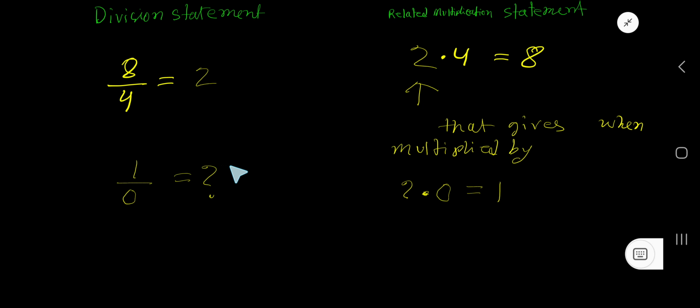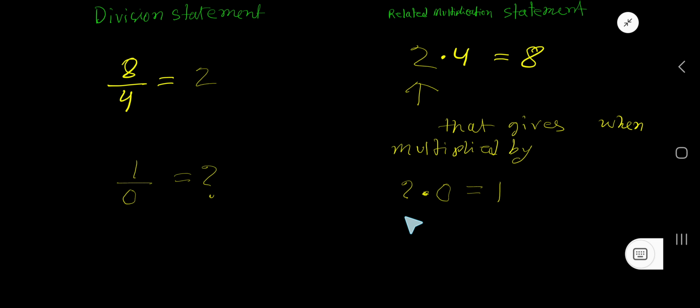So what will be the quotient here? The related multiplication statement of this: 0 times what equal to 1. Can you find out a number when you will multiply with 0, you will get 1? You cannot.